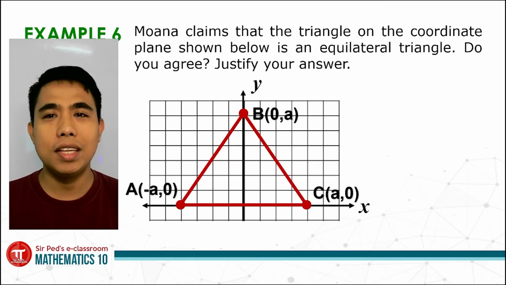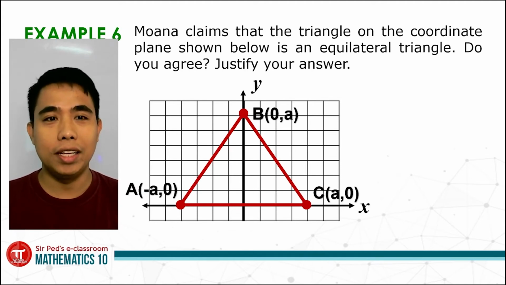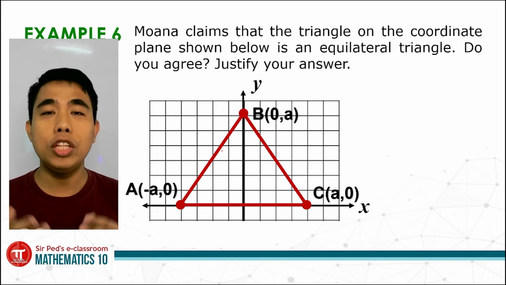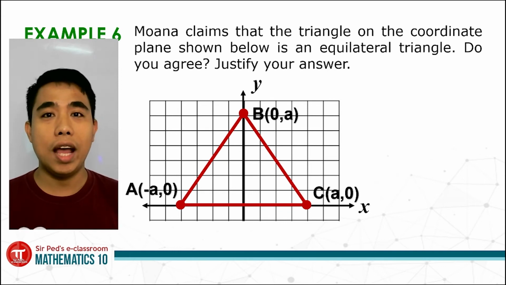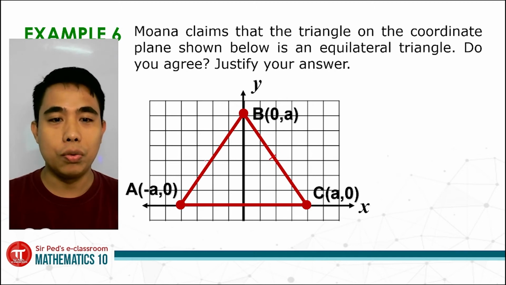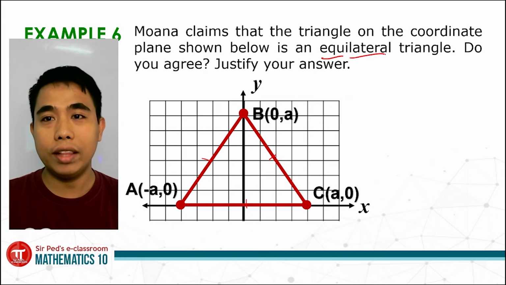Moana claims that the triangle on the coordinate plane shown below is an equilateral triangle. Do you agree? Justify your answer. So if you agree, then you need to show that the three sides of the triangle are congruent. Because equi means equal, lateral sides.